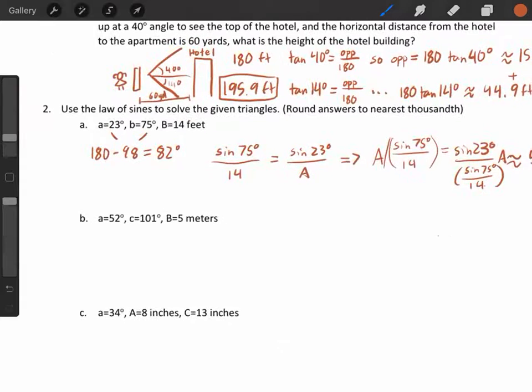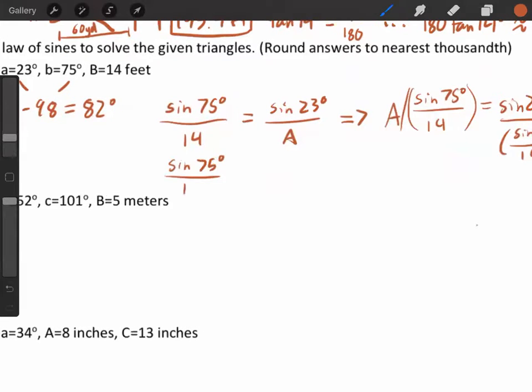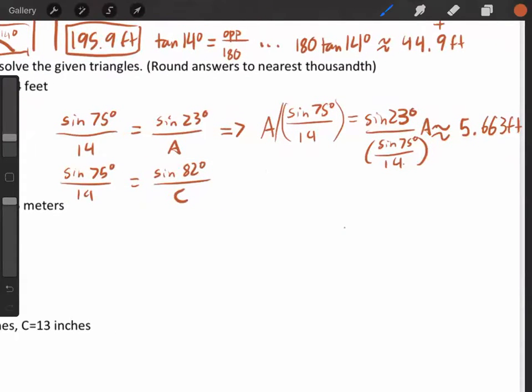All right, so let's find that last side. And since we've already found this angle, we'll just do the same process. So we have sine of 75 over 14 is equal to sine of 82 degrees over c. Do this same mess. We'll just simplify it.